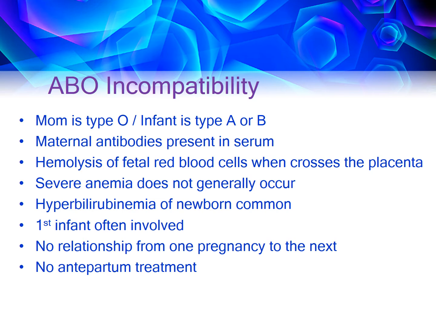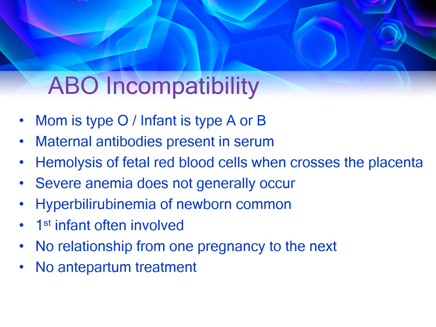There's going to be hemolysis of fetal red blood cells because it crosses the placenta into mom. Severe anemia, however, doesn't generally occur with ABO incompatibility, but we are likely to see hyperbilirubinemia. Now here's the thing. In ABO, the first infant can and is often the one involved.